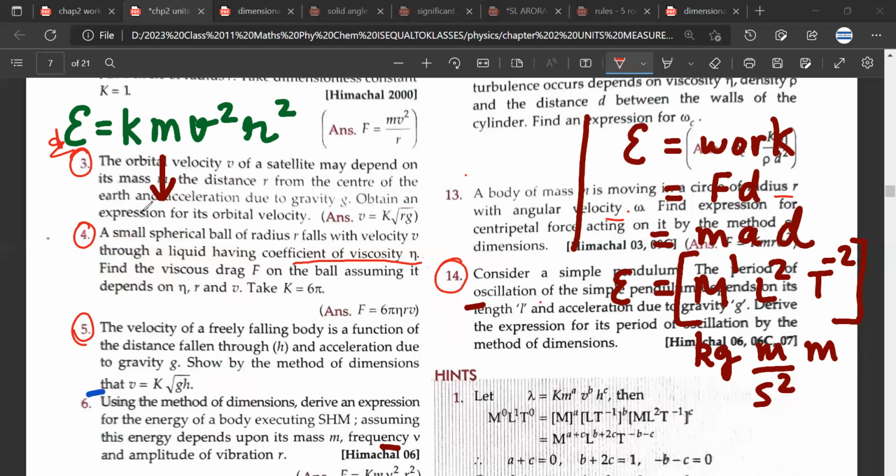So this is mass, so this is kg. This is 1 upon second square. This is meter square. So kg meter square upon second square. So my work is correct. Any doubt? Great.